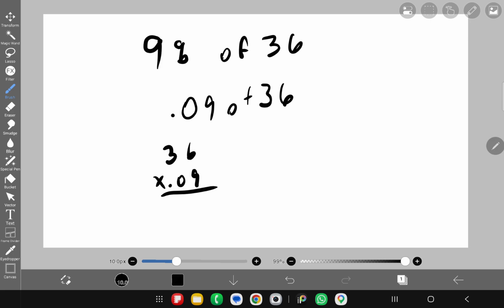Nine times 6 is 54. Nine times 3 is 27, plus 5 is 32.